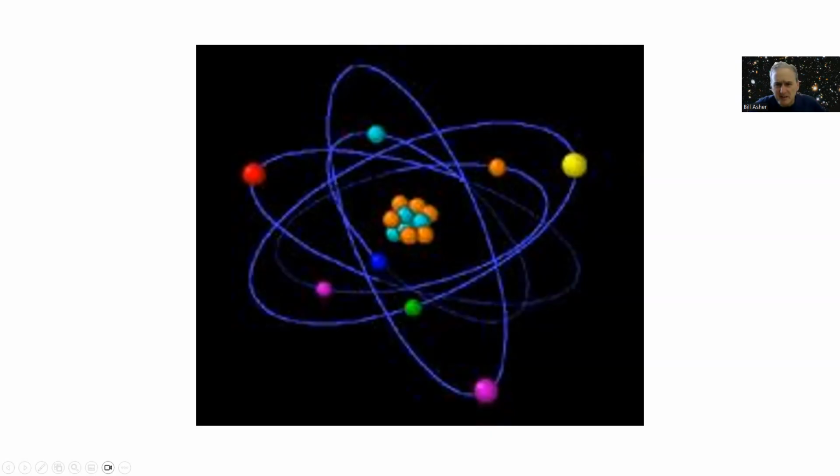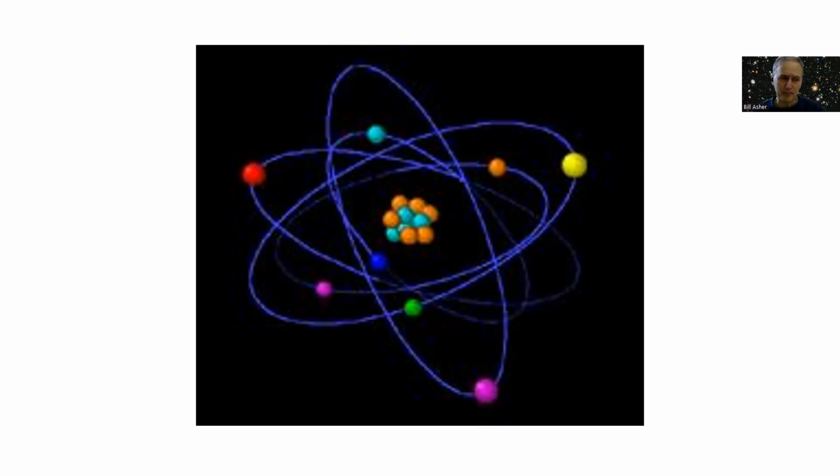The electron would have to emit energy in the form of photons, and as it emitted that energy, the electron orbit would decay until finally it intersected with the nucleus, and then the electron would combine with a proton to form a neutron, and that would be the end of the atom.